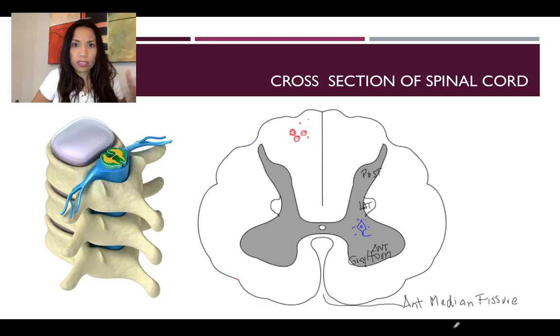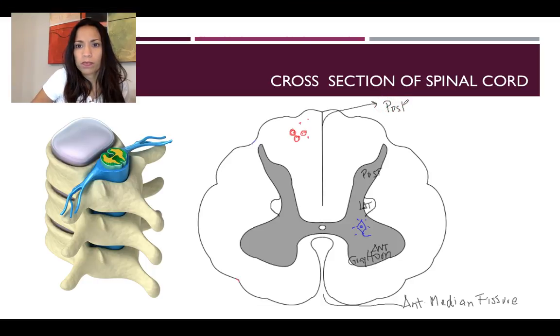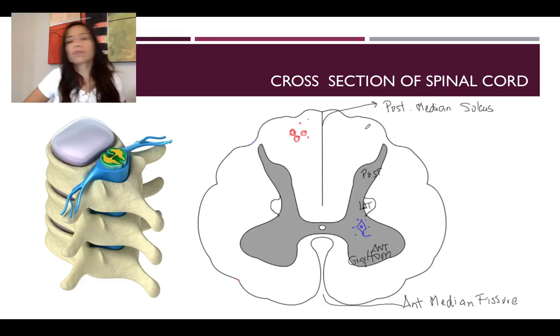Remember, a fissure is a deep groove. And this one that is not that wide, we call it posterior. Sometimes they use the terms posterior or dorsal, and anterior and ventral, interchangeably. So posterior median sulcus, anterior median fissure.